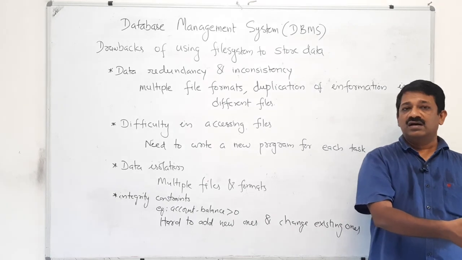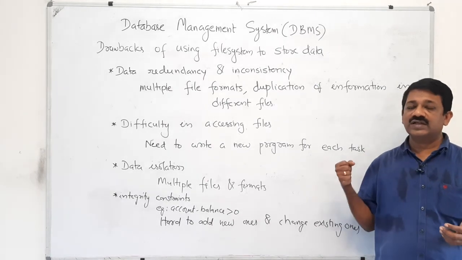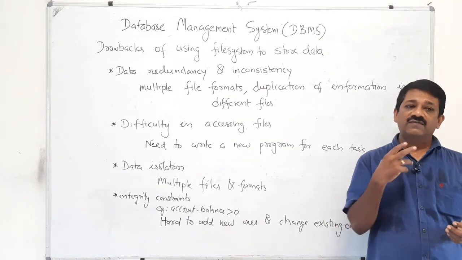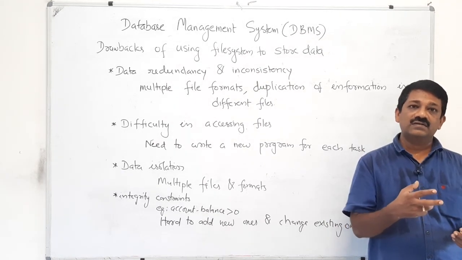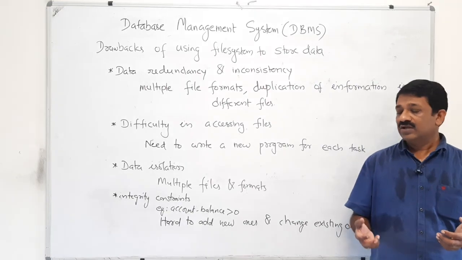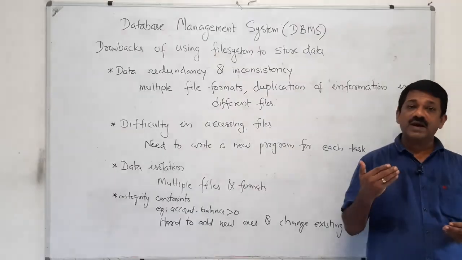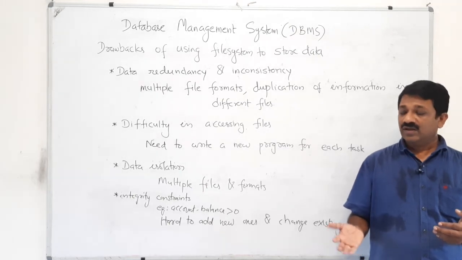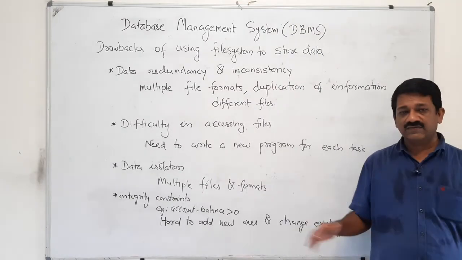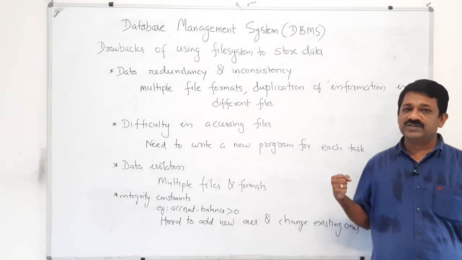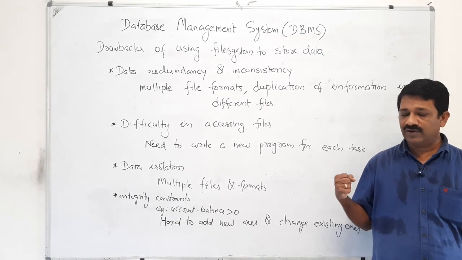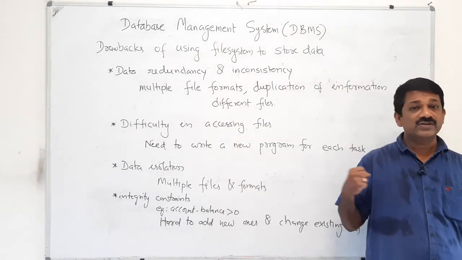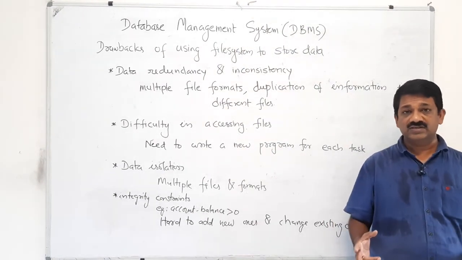If you want to withdraw say 10,000 rupees, then first you should verify whether the balance is greater than or equal to 10,000, and the account balance always should be greater than zero. Okay, these are integrity constraints. When you are withdrawing from your bank account, the balance should be greater than 0. That is an integrity constraint.